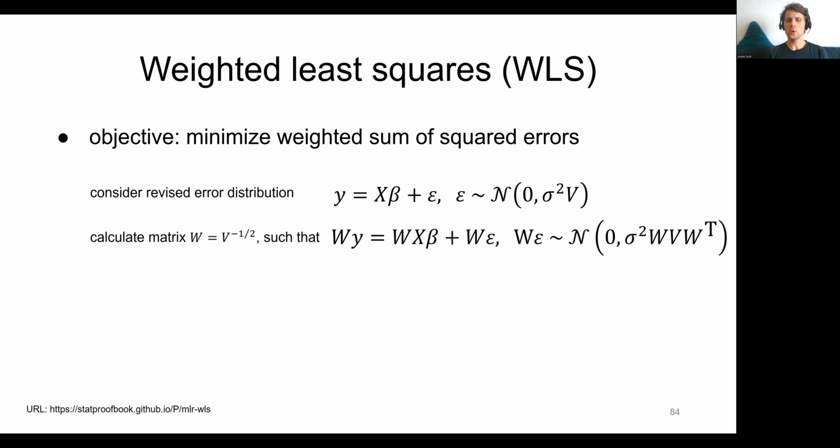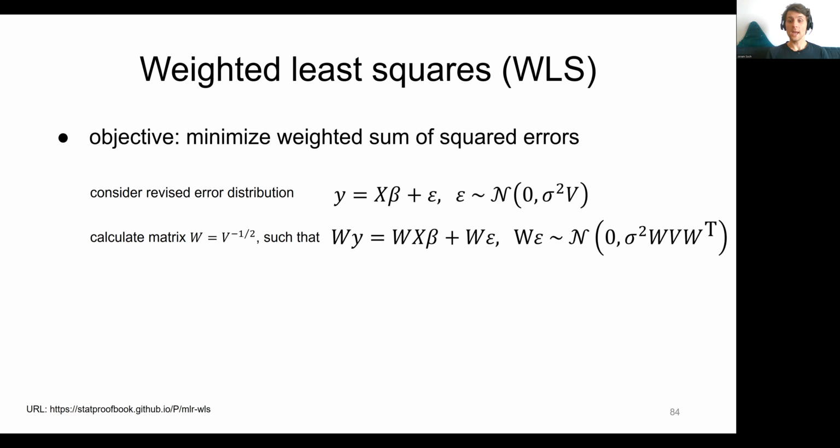So first, consider a matrix W which is equal to the inverse of the matrix square root of the matrix V. If we use this matrix to left multiply the entire model, so we are multiplying the first equation with W from the left, we can see that we obtain different error terms whose covariance is sigma squared times W V W transposed.